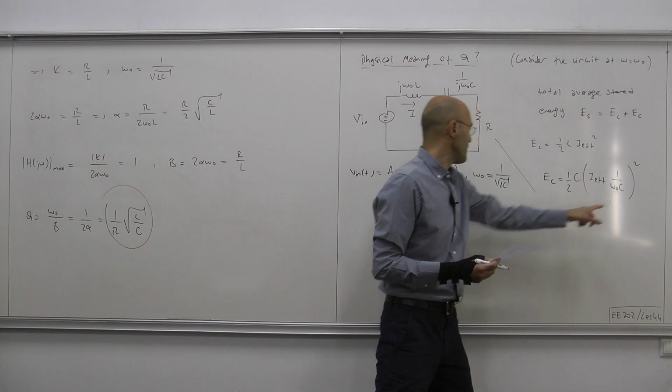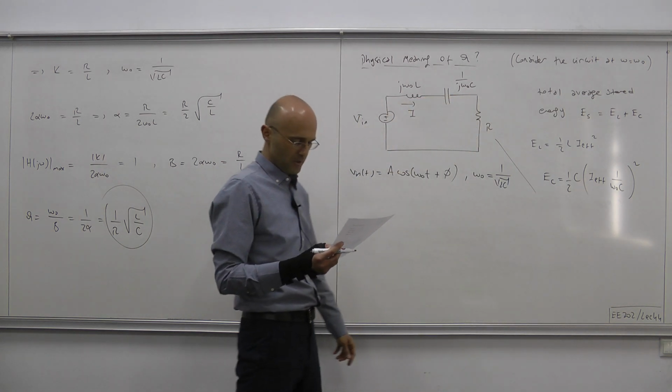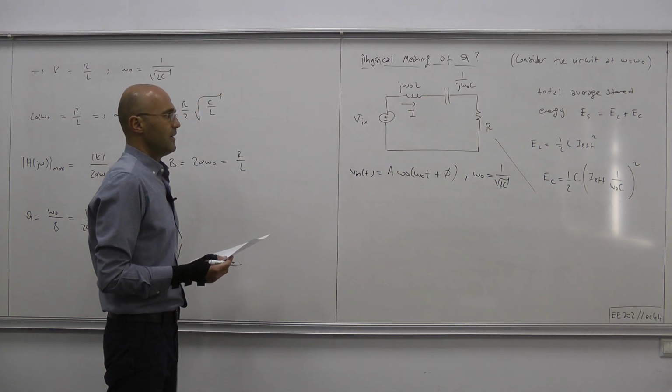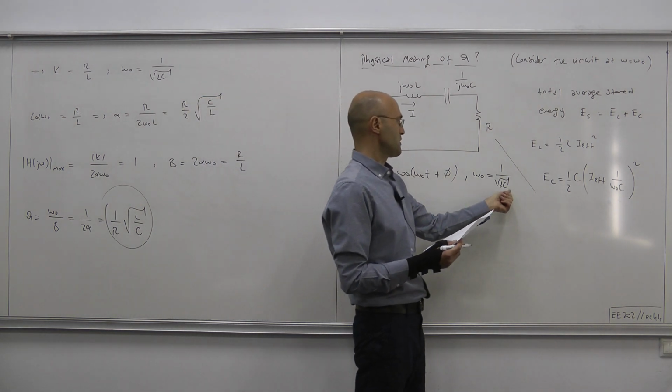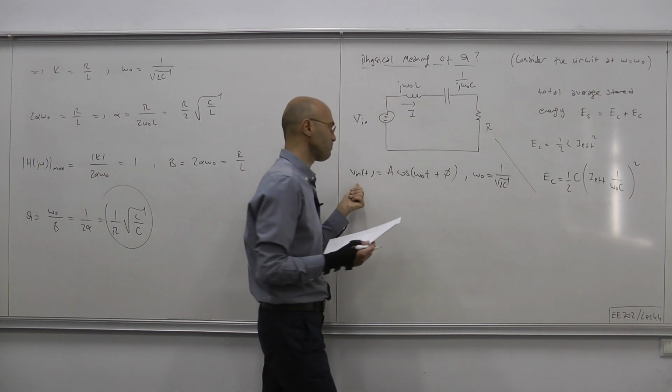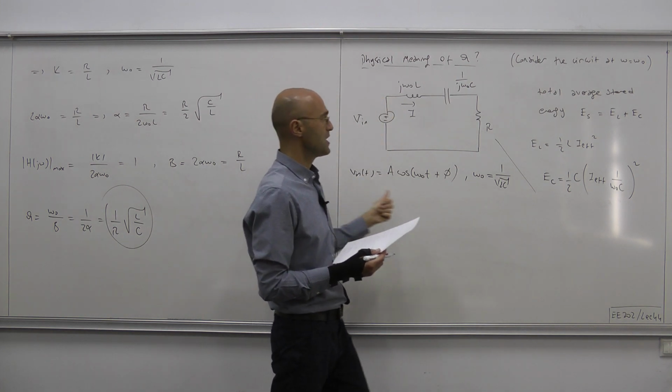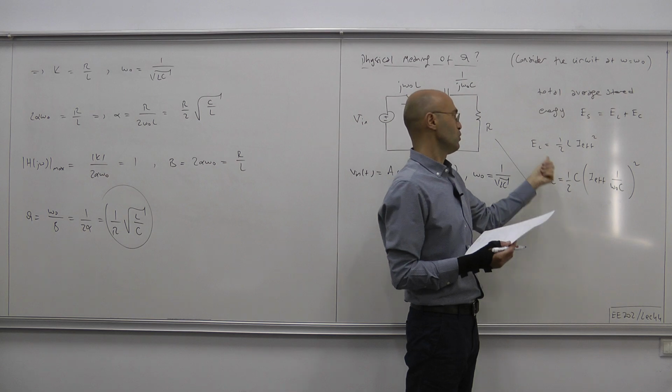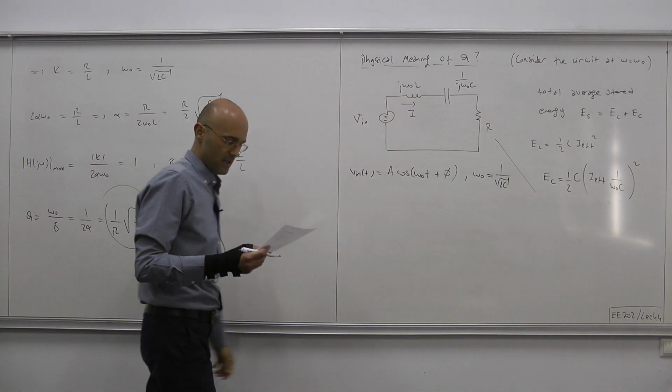Now, what's omega 0? Omega 0 equals 1 over square root of LC. When omega 0 is replaced by this term, we see that at the center frequency, the stored energy in the inductor equals the stored energy in the capacitor.